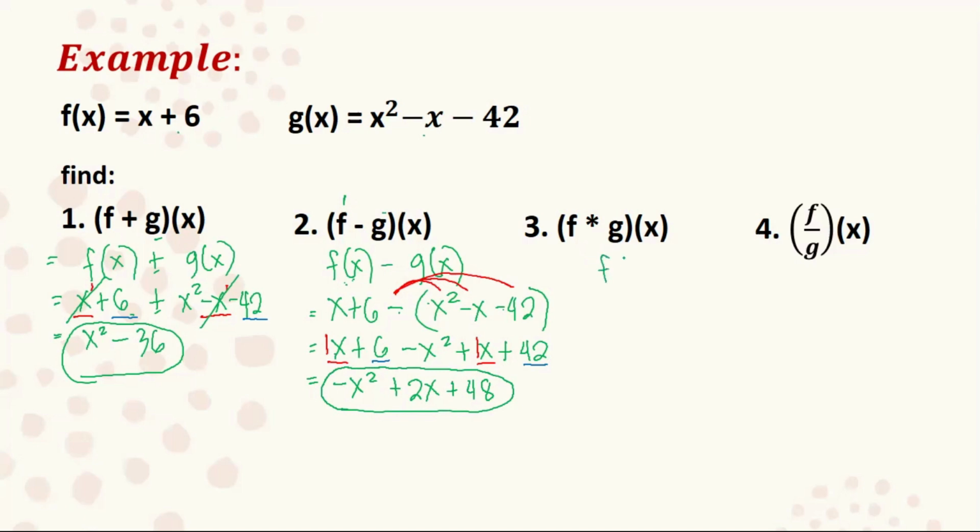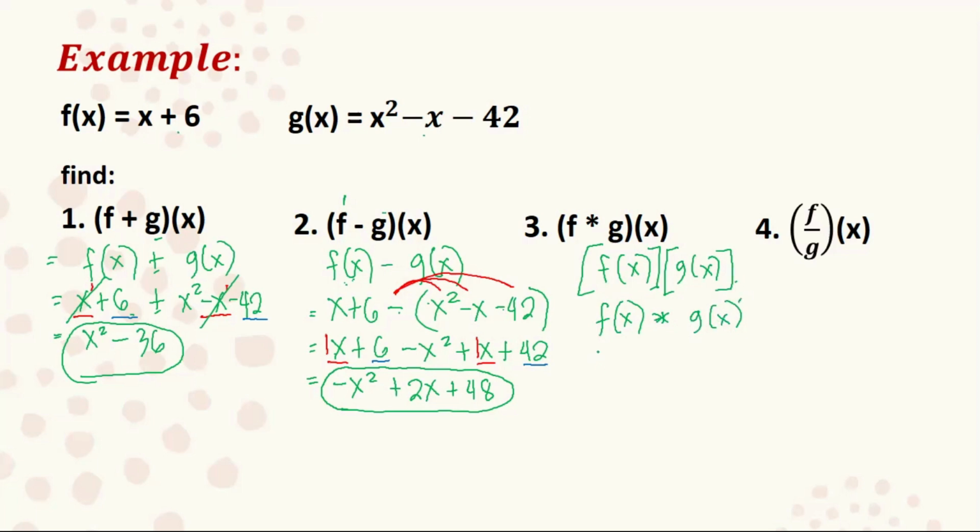In this case, you're going to get the product of the two functions. It can be expressed like this, or simply f of x, then use asterisk, then g of x. So you can use either of these two.